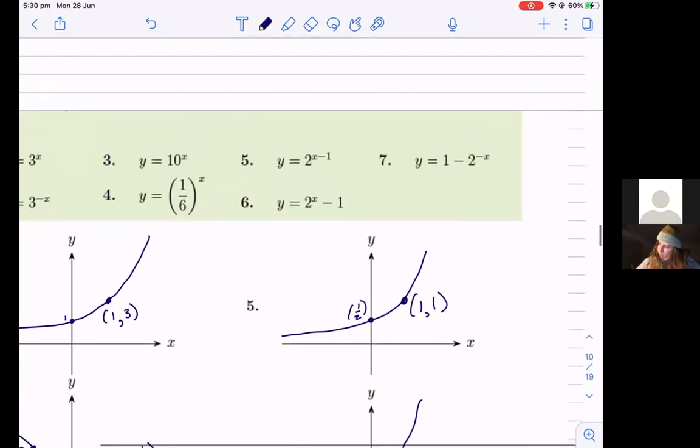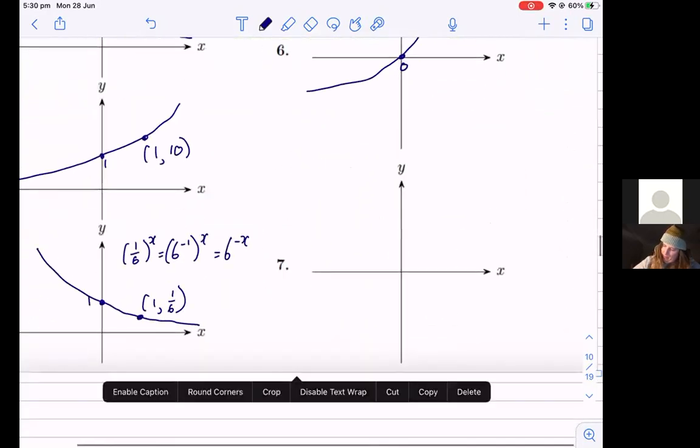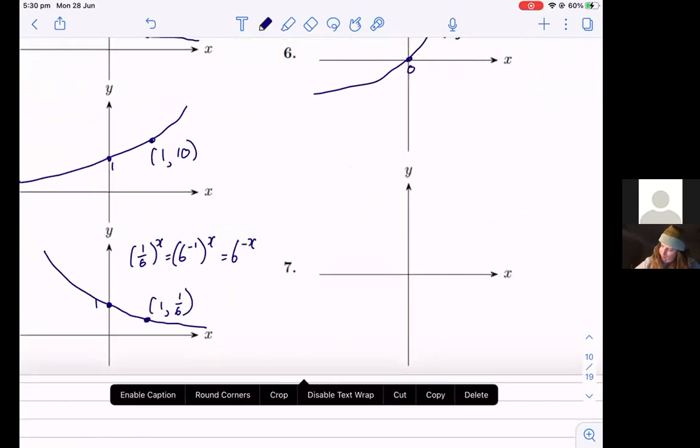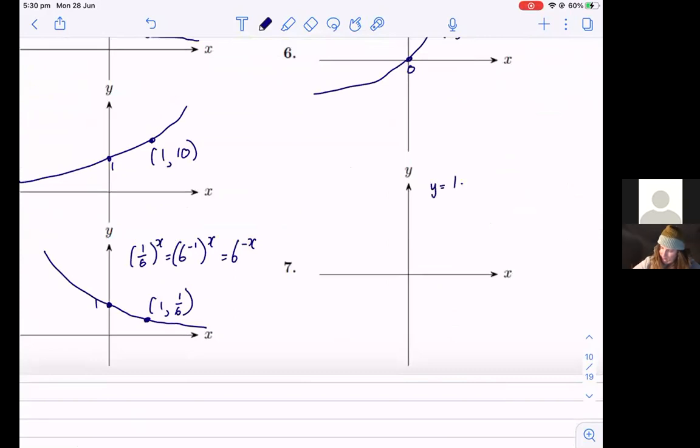And question 7, 1 minus 2 to the negative x. Let me write that down. Well, let's find our y-intercept. 0. When x is 1, y is 1 minus 2 to the minus 1, so it's going to be a half.